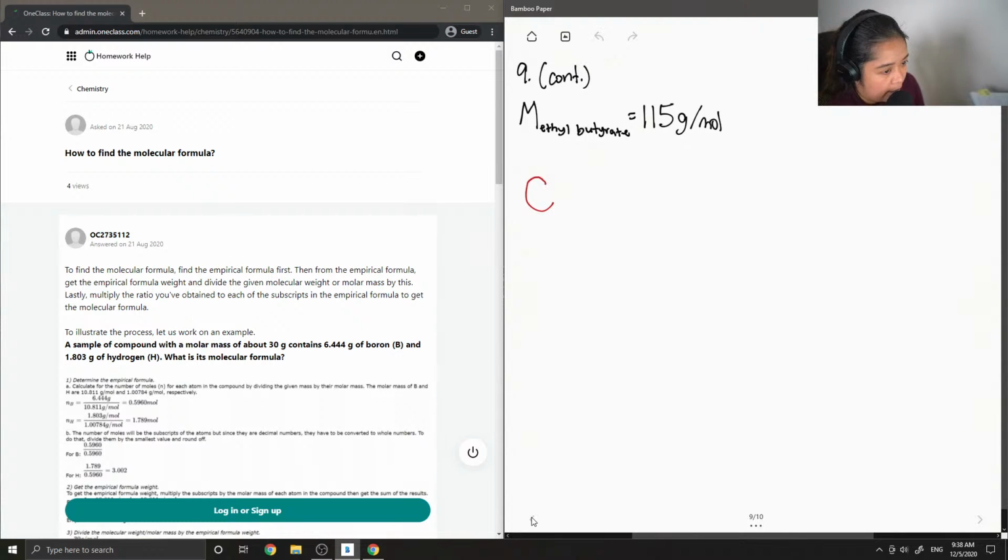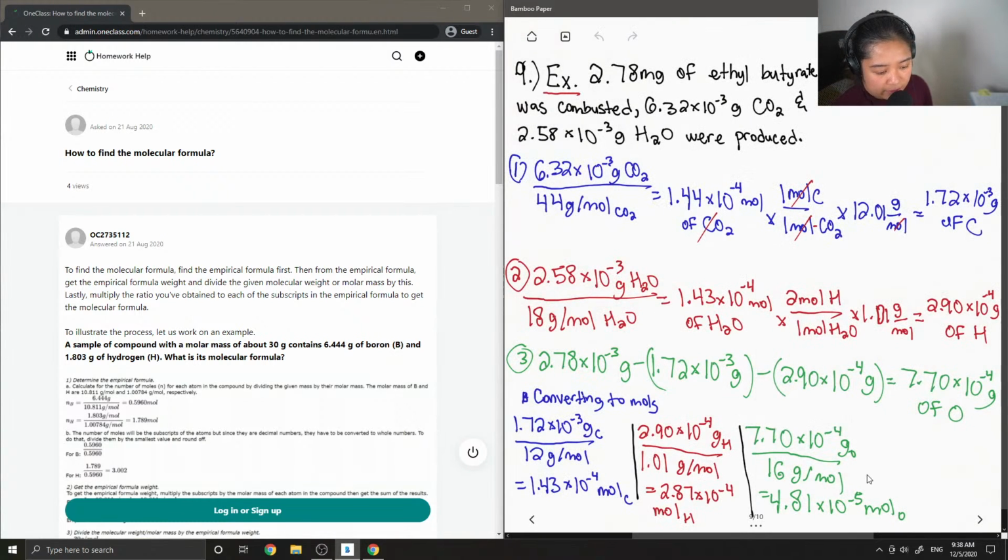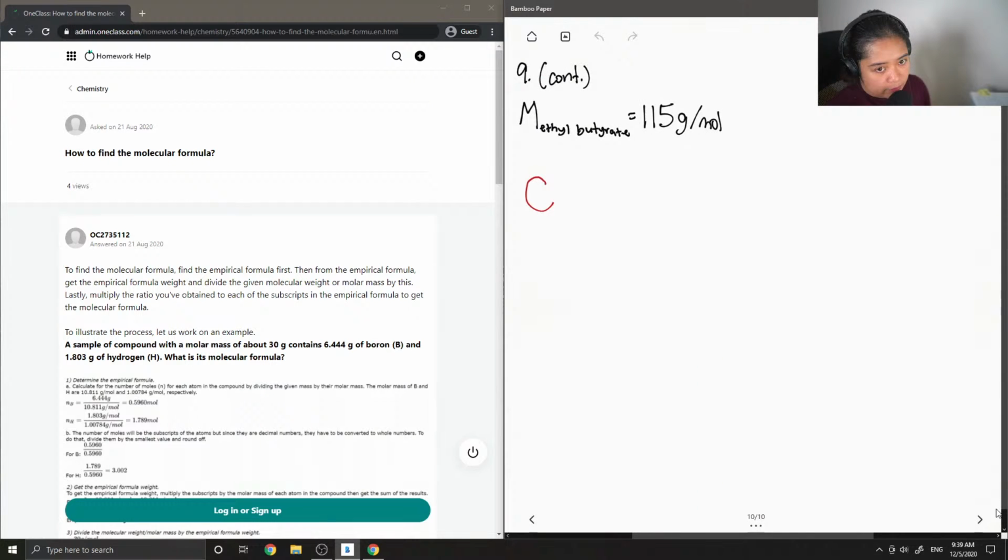So let's look at all the moles values real quick. You notice that oxygen has the lowest number of moles, which is 4.81 times 10 to the negative 5. First, let's find our empirical formula.